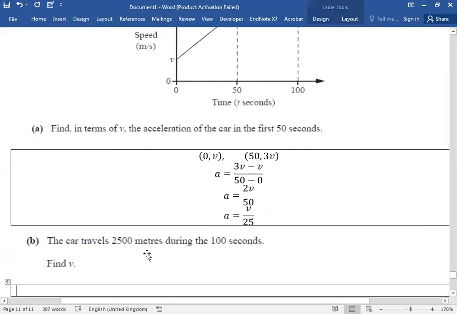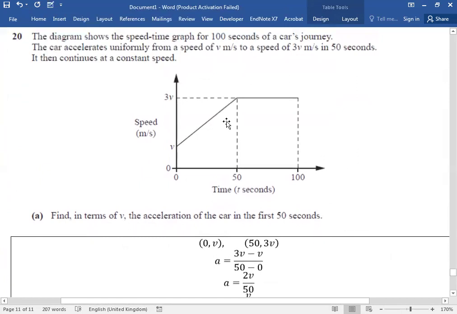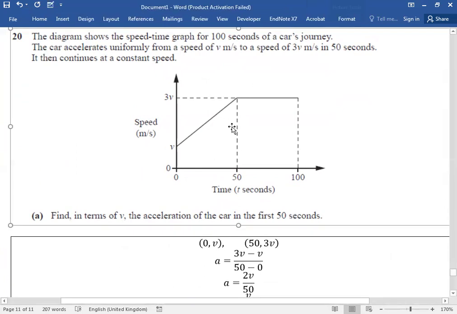The car travels 2,500 meters during the 100 seconds. Find V. Okay, how do we find the distance traveled from a speed time graph? Distance through a speed time graph can be found by finding the area under the graph.